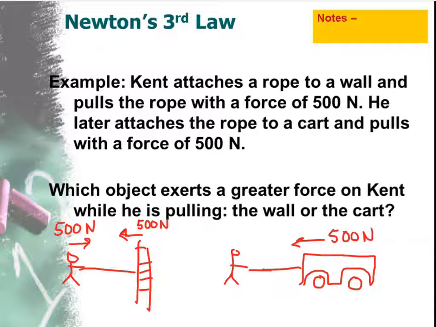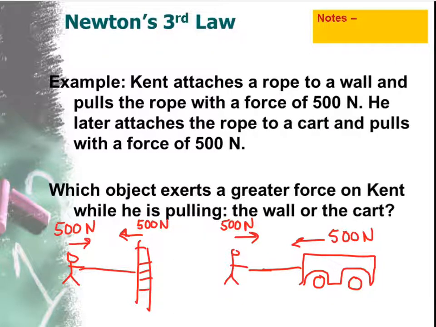What is the amount of force that the cart is pulling on Kent? Well, it also is 500 newtons. Okay, those forces have to be the same. The force that the wall exerts on Kent is 500 newtons, and the force that the cart exerts on Kent is also 500 newtons. Okay.